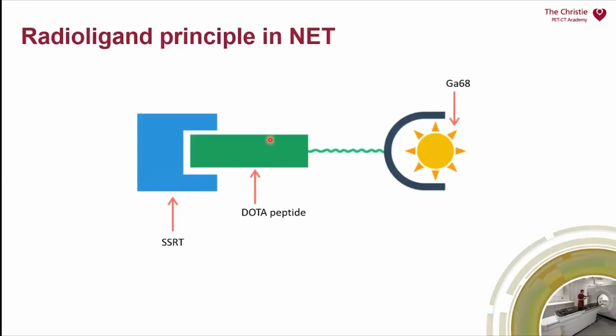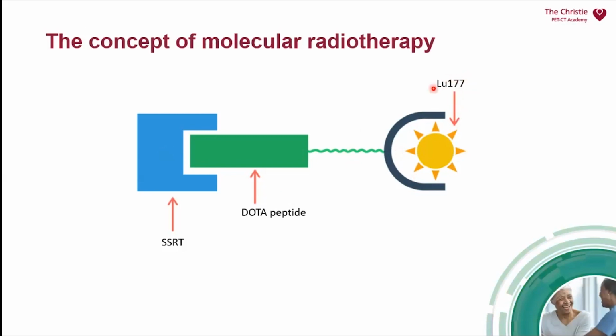So if we have this technology that allows us to see these somatostatin receptors that the tumors have on their surface, we can sort of hijack this same technology to deliver radiotherapy to the tumors. And the way that works is, instead of having the gallium attached to the molecule, which is mildly radioactive, we can attach a different radioactive substance, which gives out higher energy radiation.